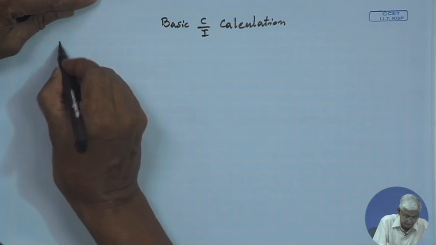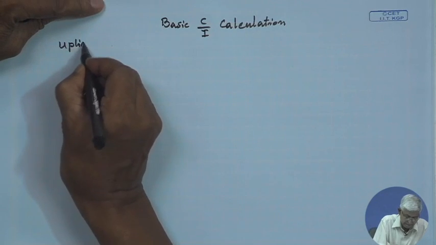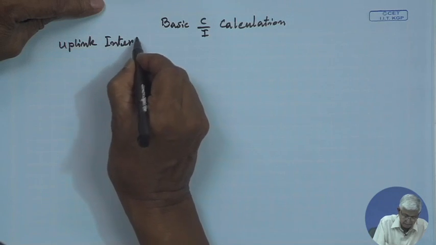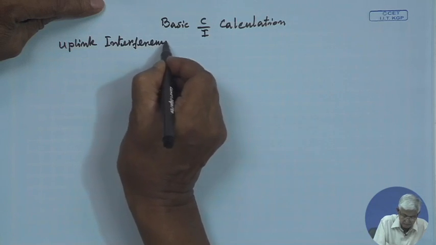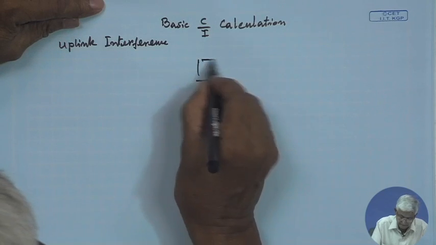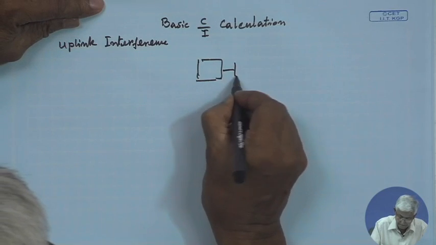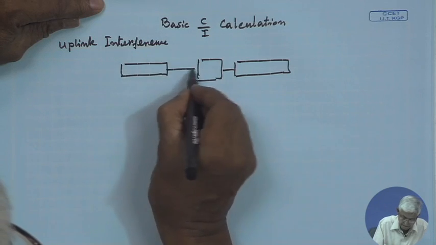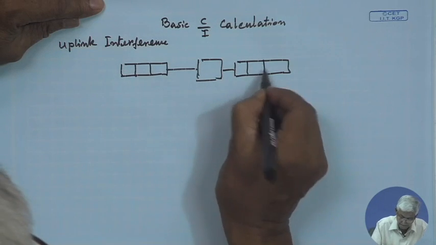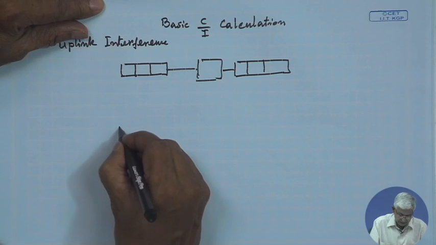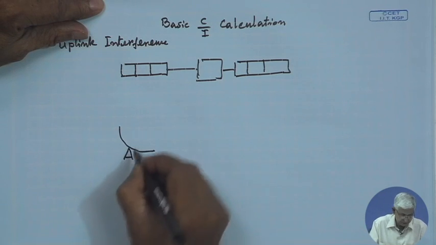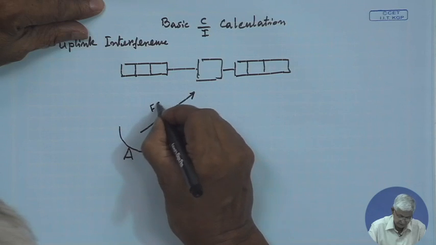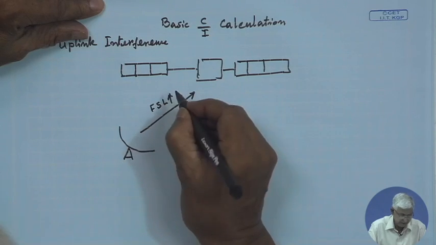So, for the uplink interference, let us draw the satellite again. Now, there is a station which is uplinking towards the satellite, pointed the antenna towards the satellite, free space loss, uplink.